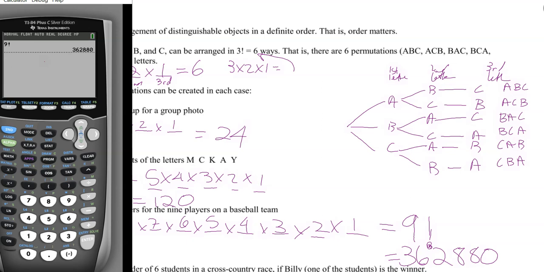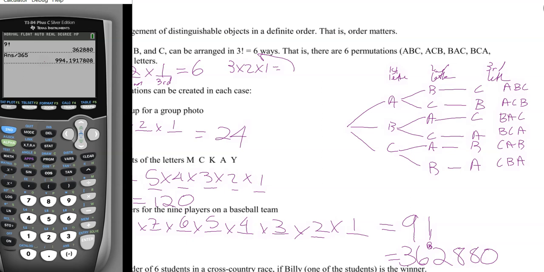So all we're doing is arranging those 9 players. And so if I divide by 365, we'll figure out how many years. If you played once a day, you could play for a little over 994 years before you had to repeat a batting order. That's kind of amazing, I think.